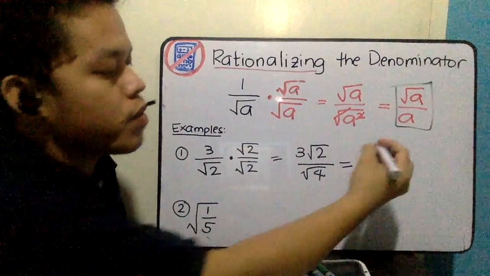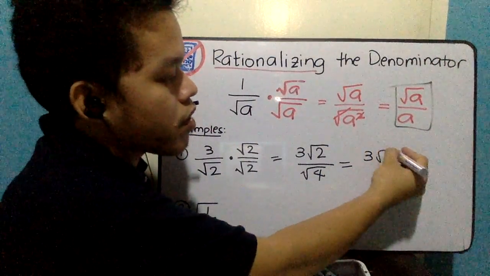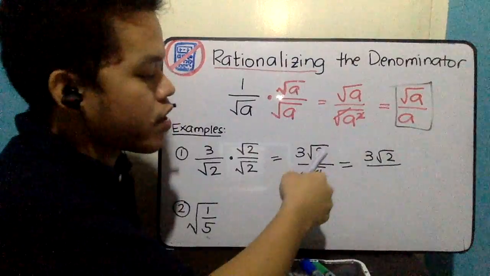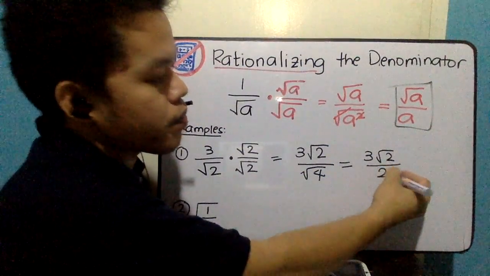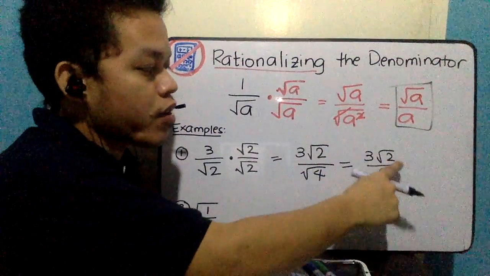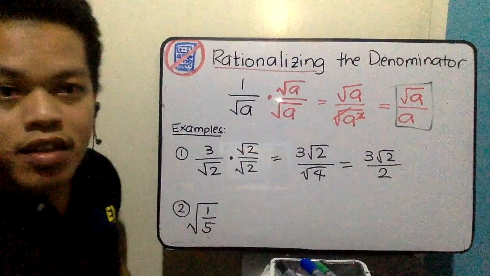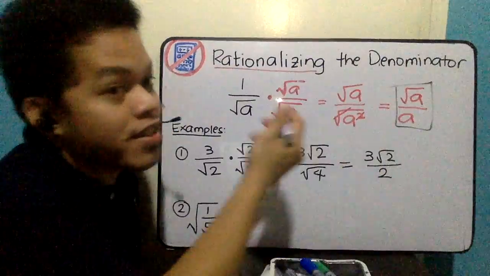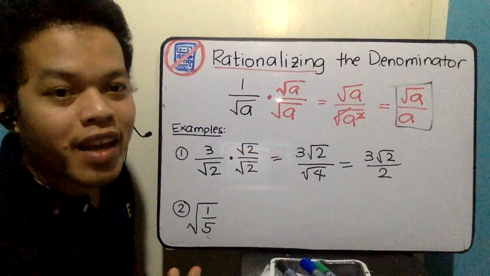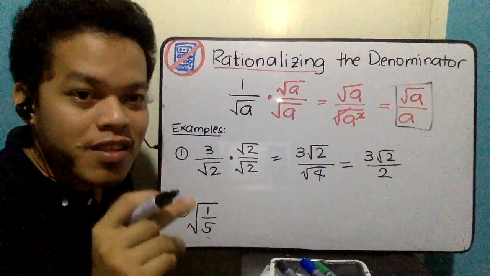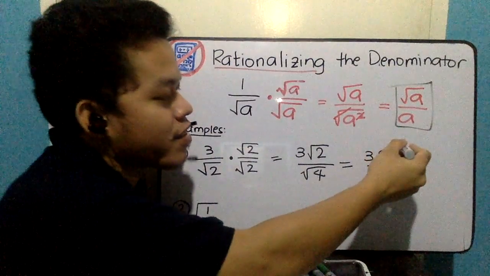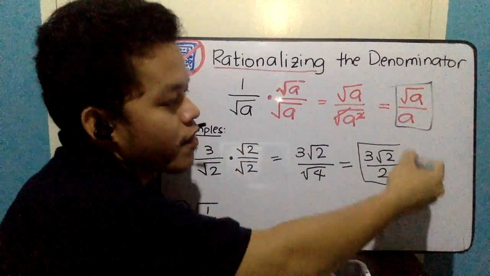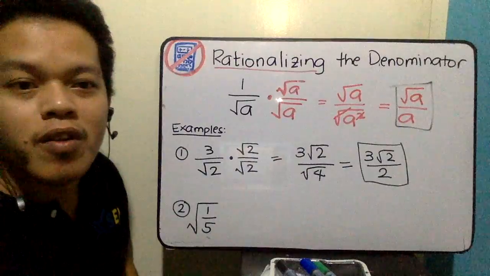So that will give you 3 square root of 2 all over the square root of 4, which is just 2. And you cannot cancel out 2 and 2 here because this is a surd and this is a constant. Okay? So just similar to the idea that you cannot multiply the number inside the radical symbol with a constant. So therefore the final answer is 3 square root of 2 all over 2.